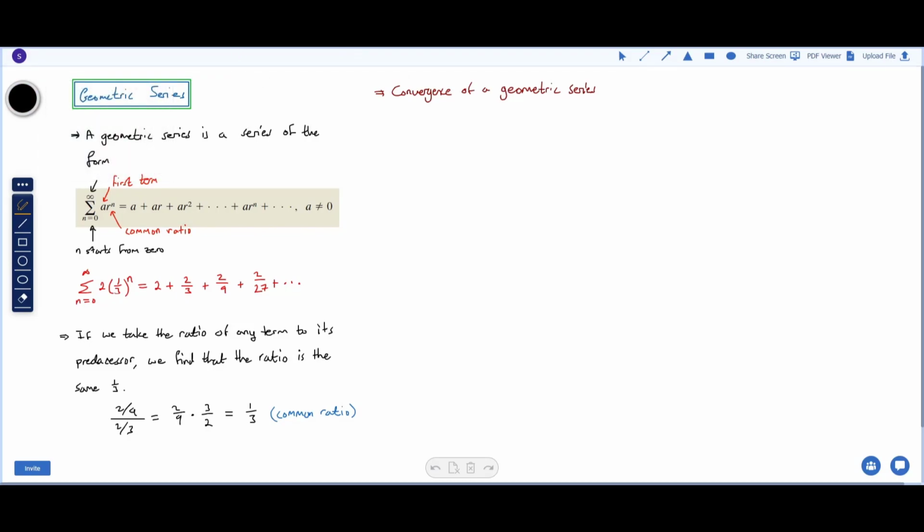We'll say a geometric series with common ratio r diverges when the absolute value of r is greater than or equal to 1.